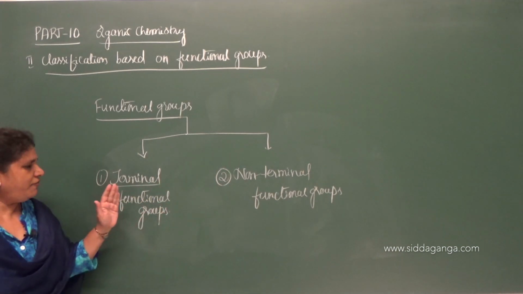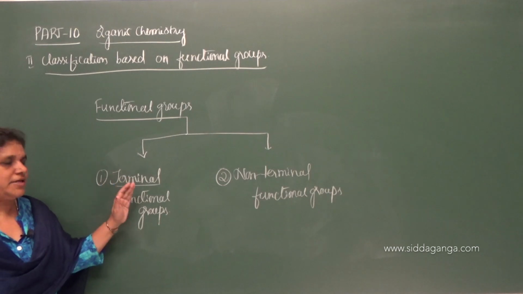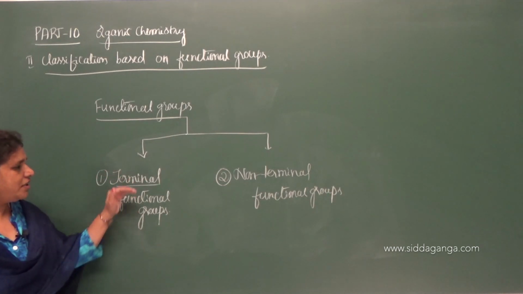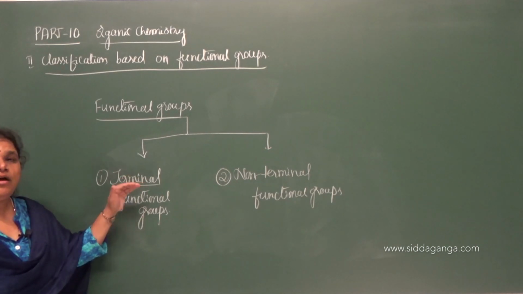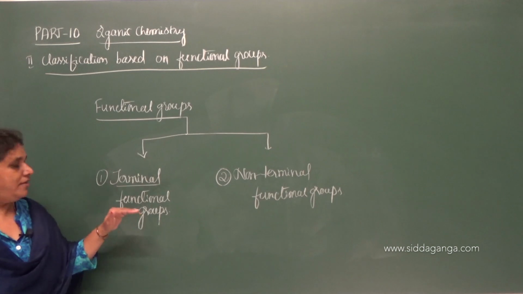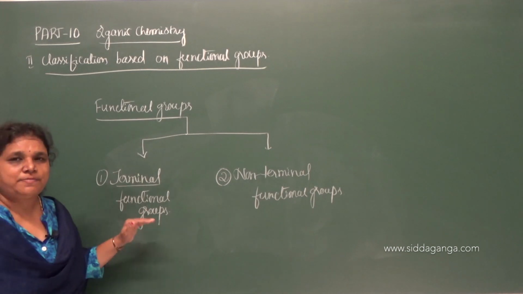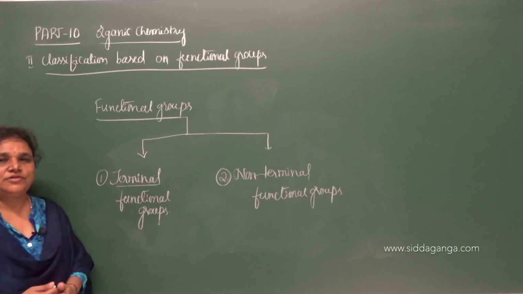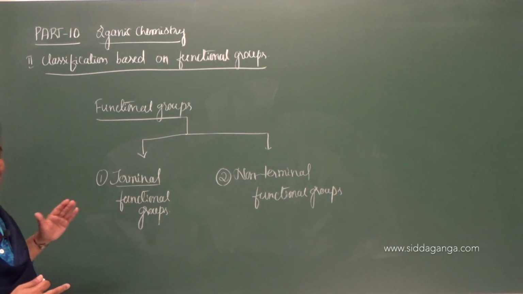End. If a functional group is always present at the end of the carbon chain, then those functional groups are called terminal functional groups. Such type of functional groups are called terminal functional groups.